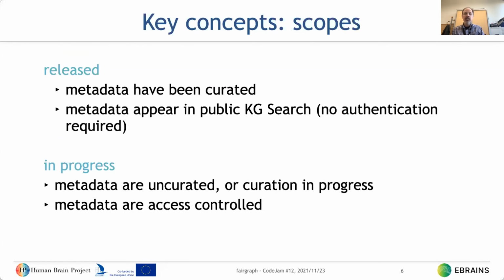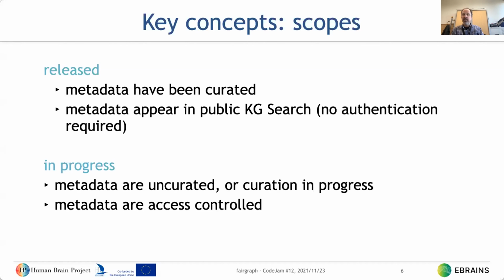So there are a few key concepts here. One is the scope. There are 2 principal scopes in the knowledge graph. One is released and one is in progress. Released means the metadata have been curated and they will appear in the public knowledge graph search with no authentication required.